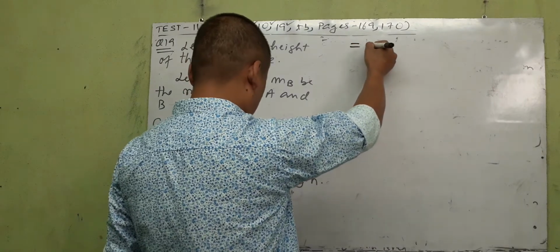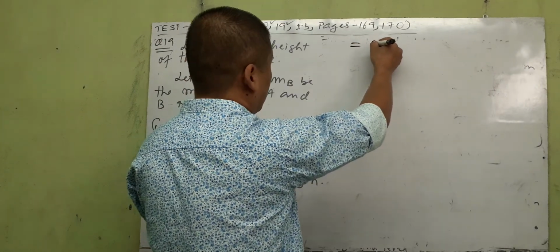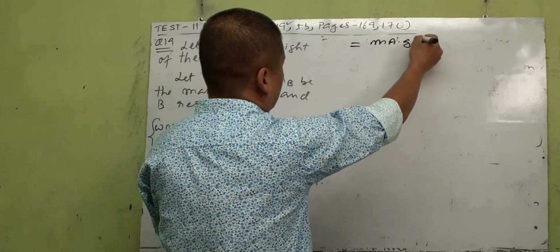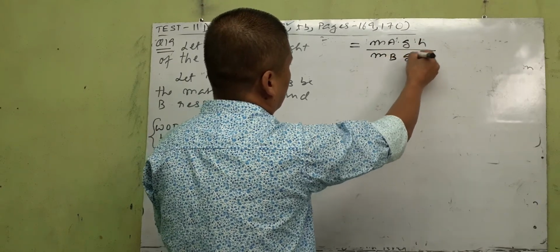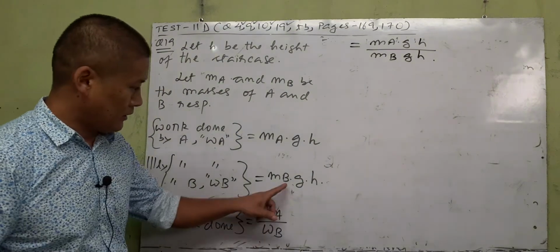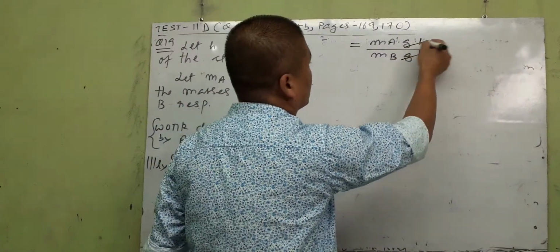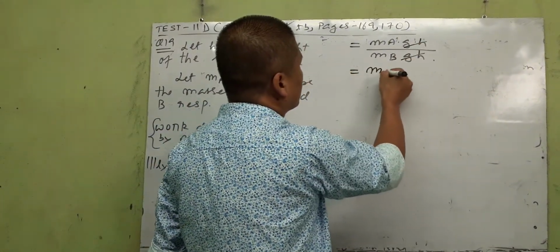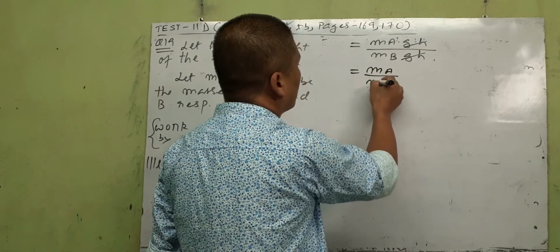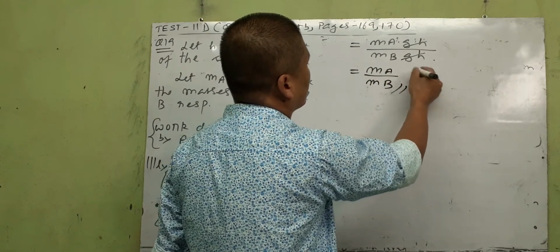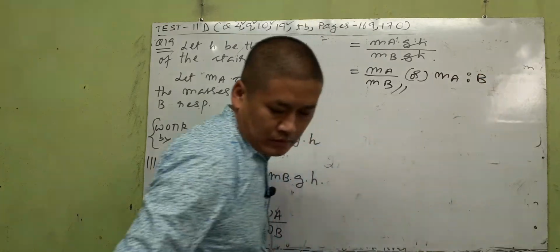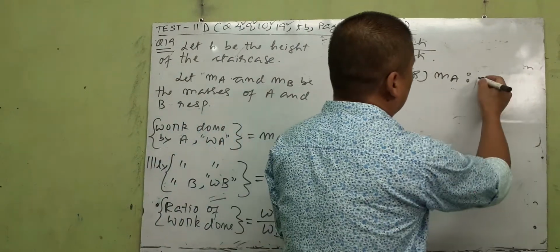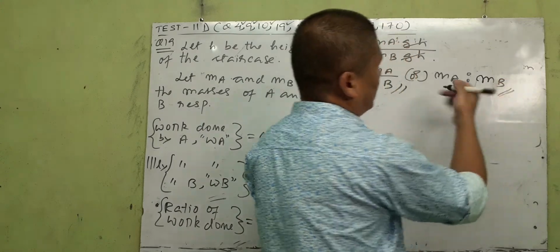So WA is MA GH divided by WB is MB GH, as you can see. So these two can cancel, GH. So the first answer is MA divided by MB, or in the ratio language you can also write MA is to MB, first answer. Either style of writing is up to you.